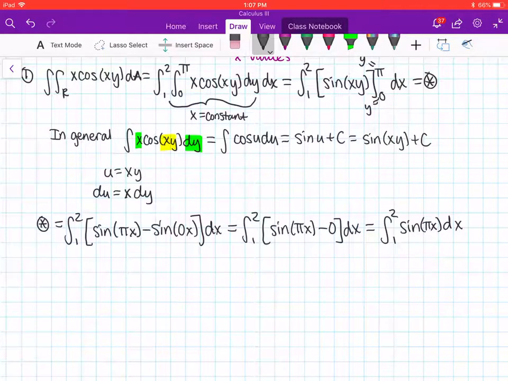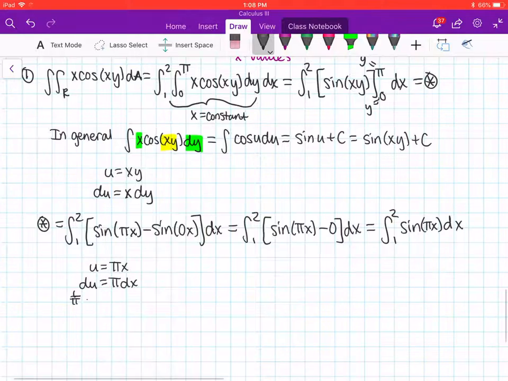We're going to do it in general here. We get u equals pi x. So the differential, we get pi dx. We don't have a pi dx in our integral, so we're going to divide by pi. There we are. And so now we can do the substitution.